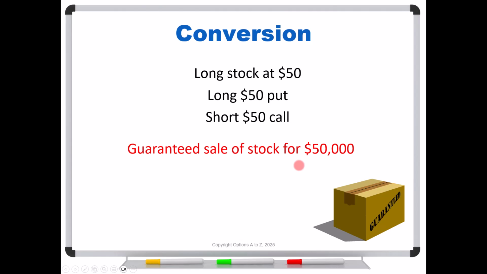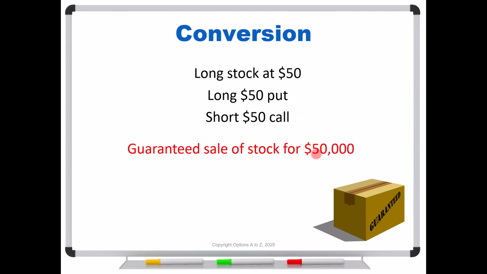Let's assume that the stock price is exactly 50 in 1 year. Remember, these are 1-year options, and I'm doing that just to make the math easy. Well, if the stock is exactly 50, these options expire worthless, and the market maker can sell the stock for $50 per share and get 50,000 bucks.